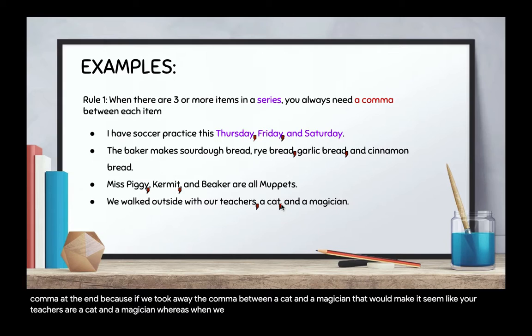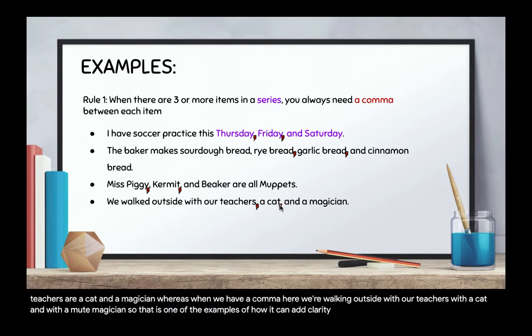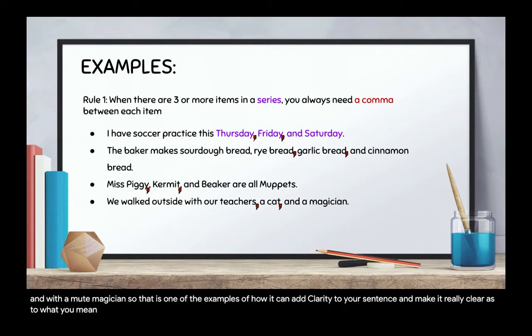Whereas when we have a comma here, we're walking outside with our teachers, with a cat, and with a magician. So that is one of the examples of how it can add clarity to your sentence and make it really clear as to what you mean and avoid any confusion.